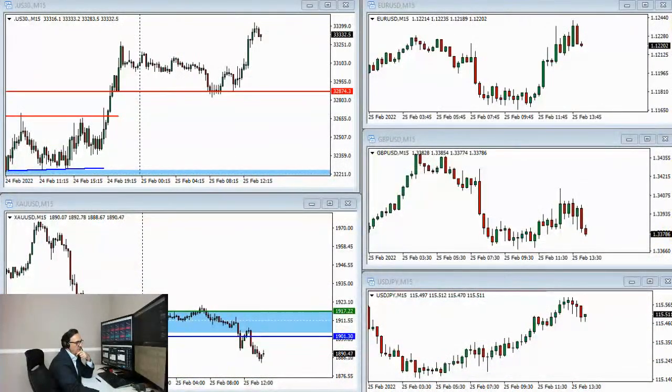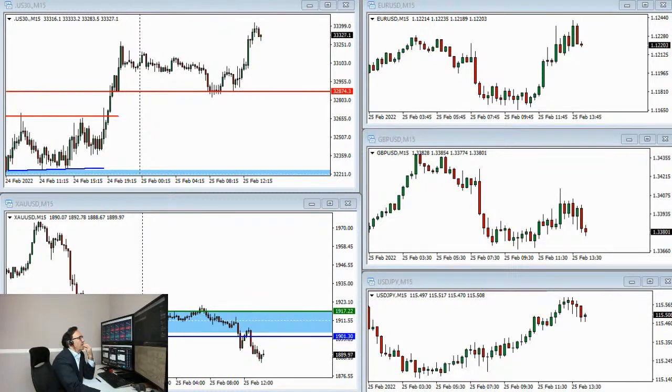This correction in crude oil and also in gold was triggered by the perception of what sanctions are going to be applied against Russia. And I'll show you all of that right now.